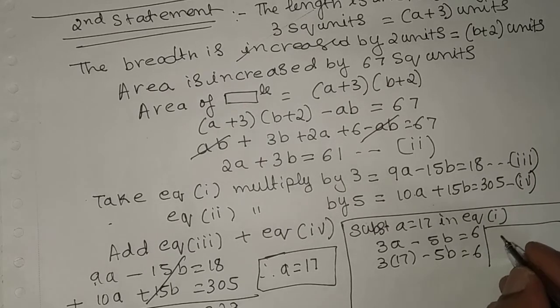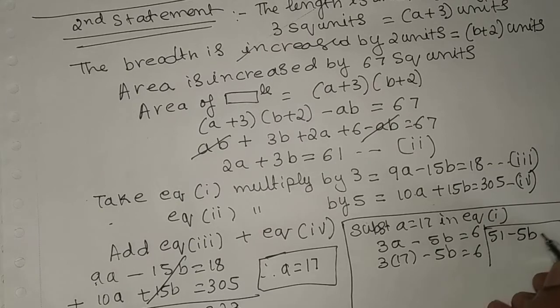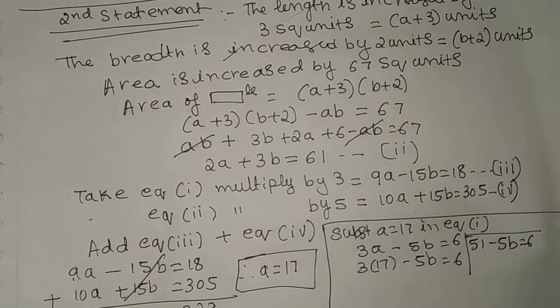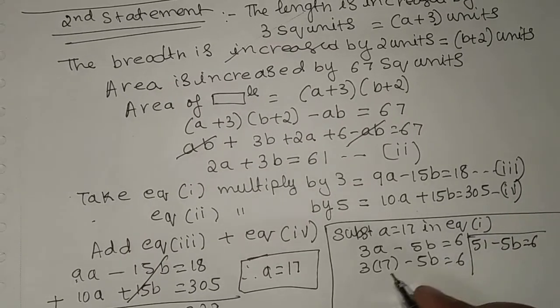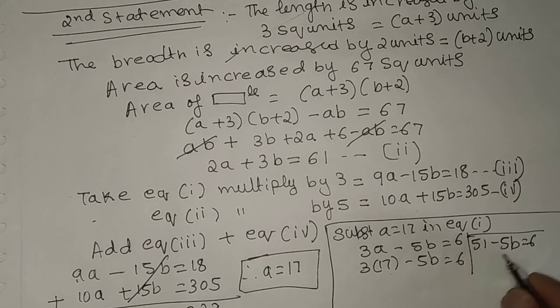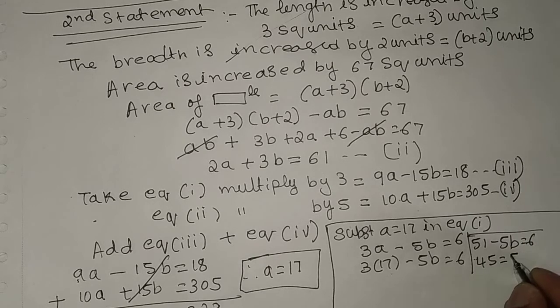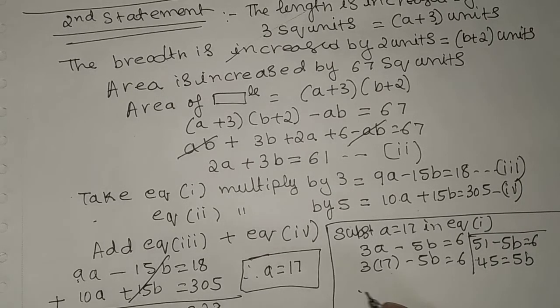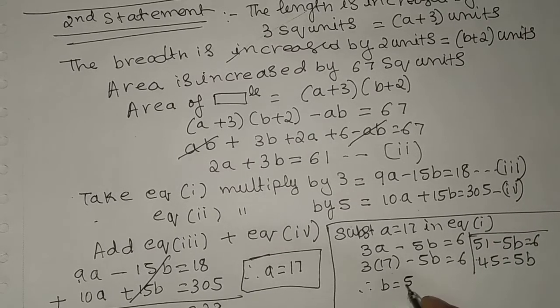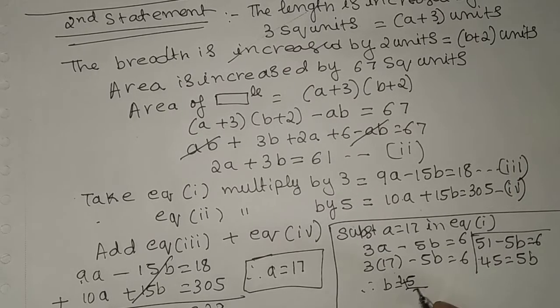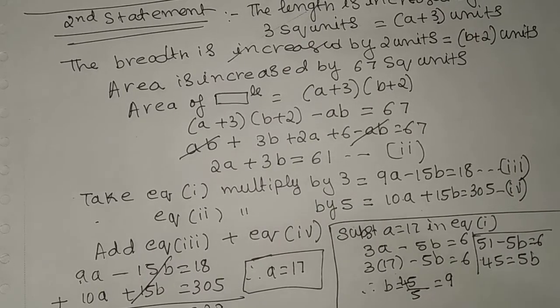So we have 51 minus 5B is equal to 6, which will become 45 is equal to 5B. Therefore B is equal to 45 by 5, which is equal to 9.